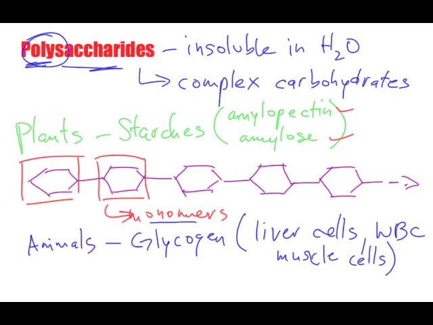Now, the thing with polysaccharides is they're too large to be absorbed. So you take this in and your body can't digest it as it is. In the digestive system, for animals, we break down these subunits, these individual monomers, into individual glucose molecules, and allow the cells within our body to absorb each glucose individually.